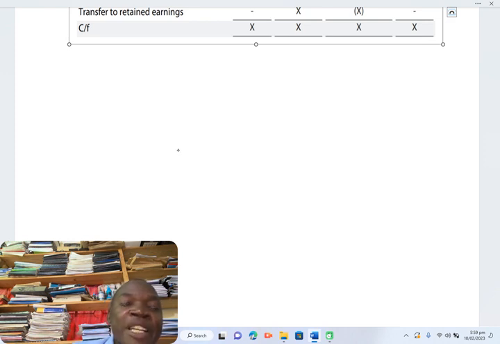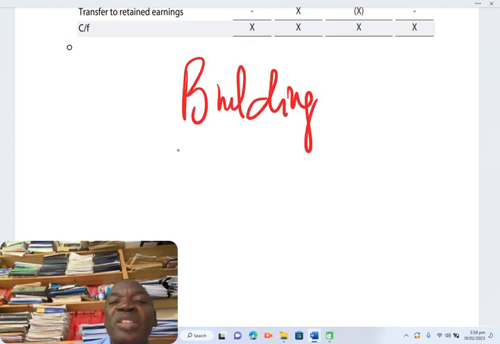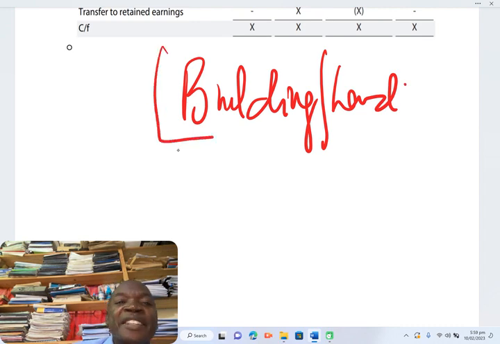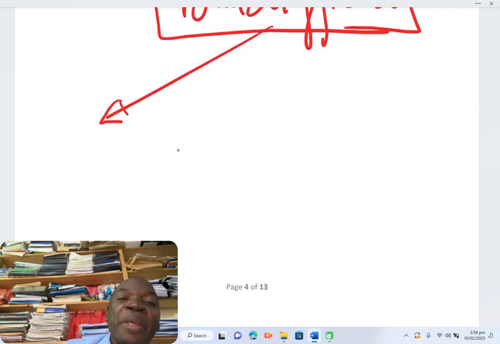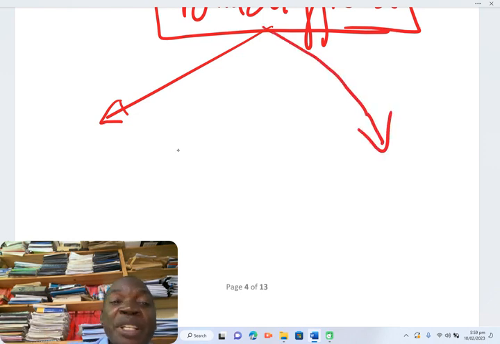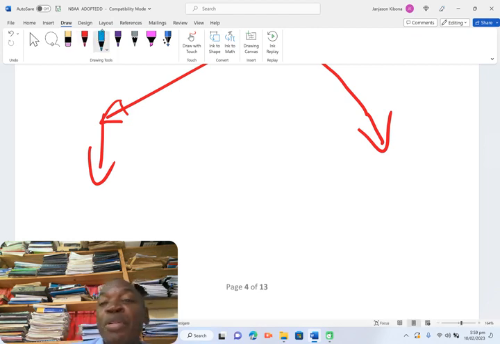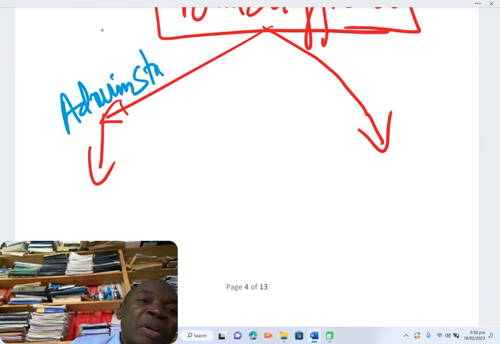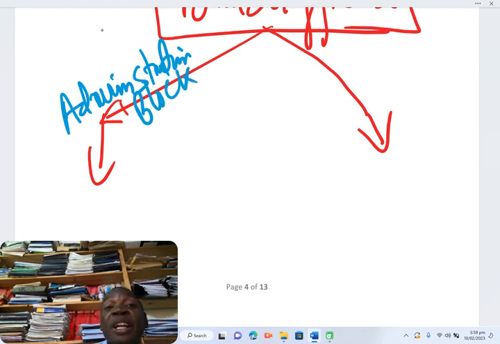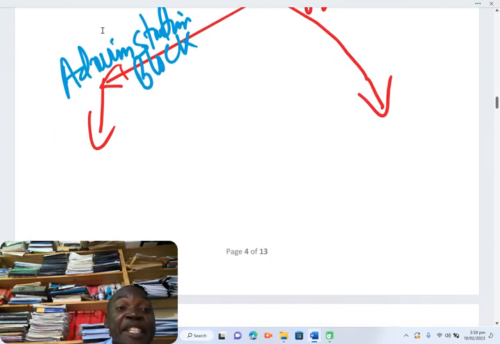If I talk of building or land specifically, if you own a building and such a building is used as an admin block, this building is classified as owner occupier. So it is a PPE.